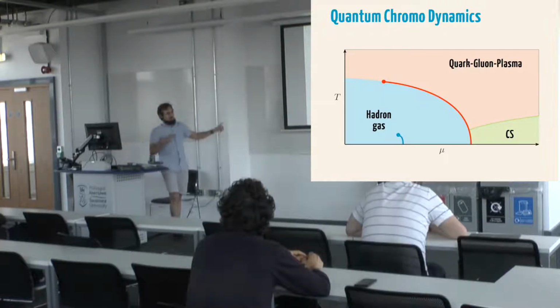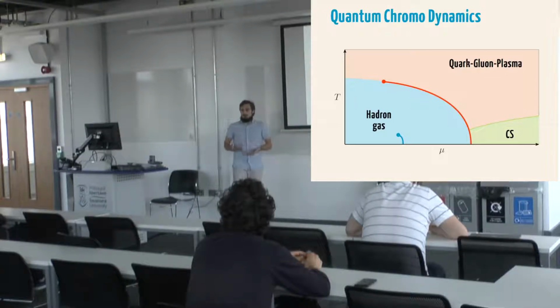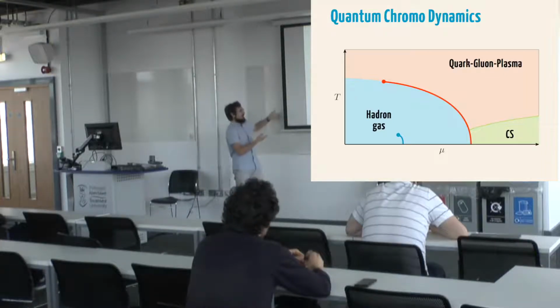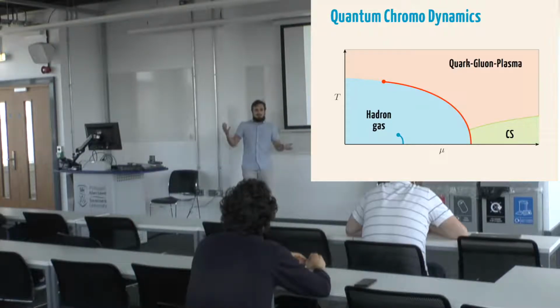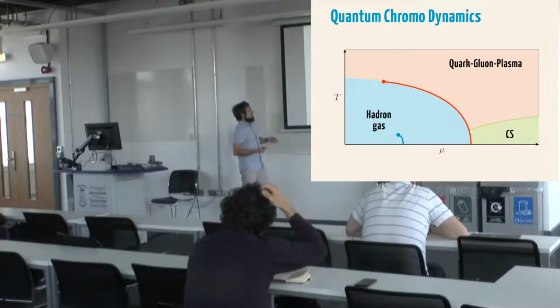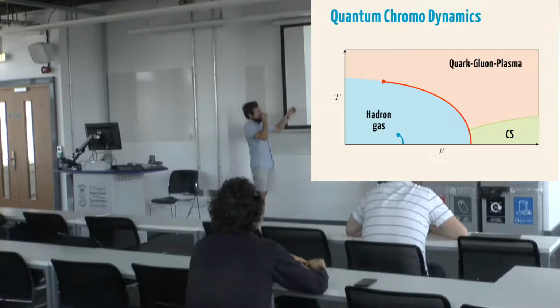So what do we do? Anyway, one of the things our group wants to look at is what happens at finite temperatures and finite chemical potentials, where chemical potential would be sort of the same as density. So here you have how we envision this phase diagram to look, a phase diagram describing how our theory behaves in different regions.